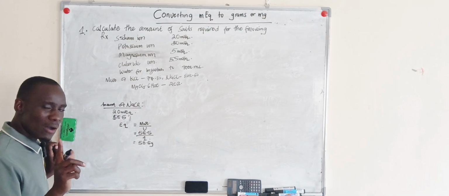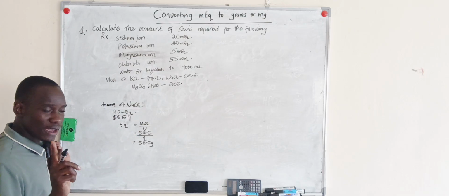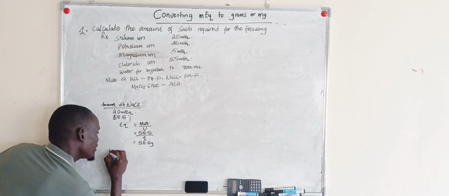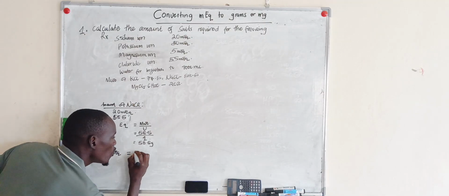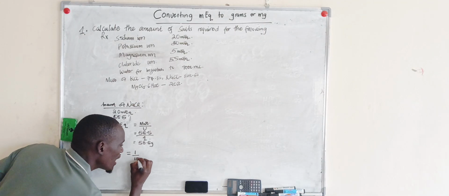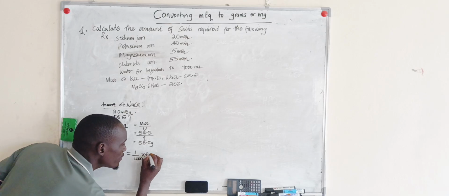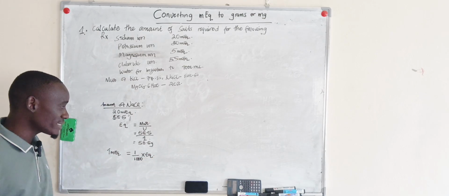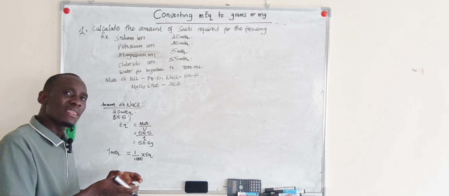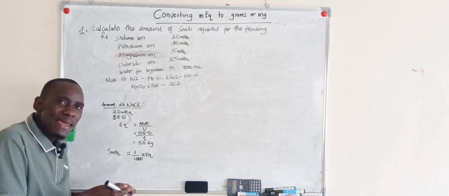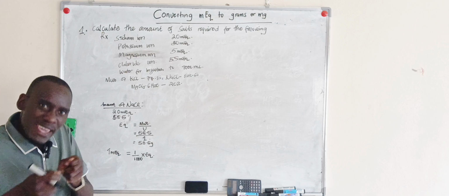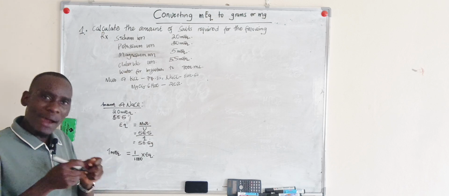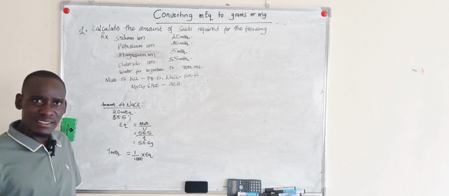But remember, from our definition of milliequivalent, we say that 1 milliequivalent is equal to 1 out of 1,000 times the equivalent weight. Because we say that milliequivalent is the amount in milligrams of a solute that is equal to 1,000th part of its gram equivalent weight.